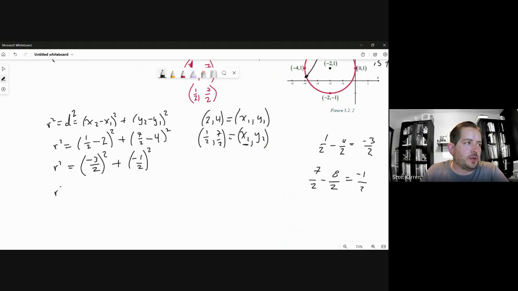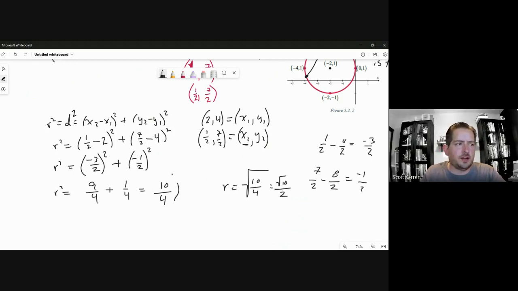And so r squared: negative 3/2 squared is a positive 9 over 4. Negative 1/2 squared is a positive 1 over 4. So this is 10 over 4 as my r squared, which means my r, if I really care, is the square root of 10 over 4, which I can then say is the square root of 10 over 2. But again, I don't really care because it's that r squared that goes into my formula.